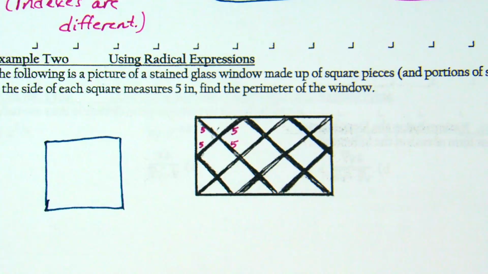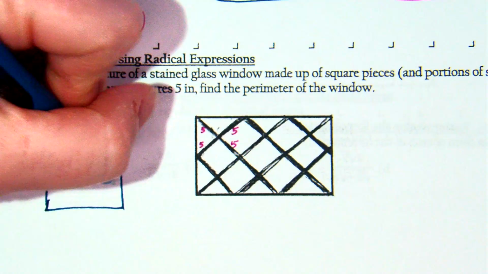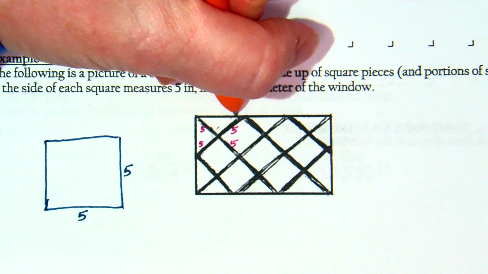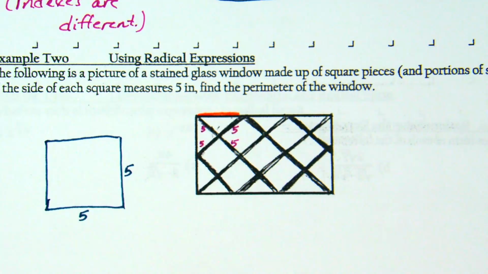We've got a whole bunch of squares, right? Technically in the picture, they're tilted on their side. All of these squares are 5 by 5. This piece right here, Eli called it the halfway thing, for lack of a better term.